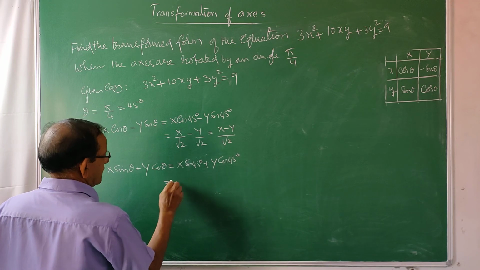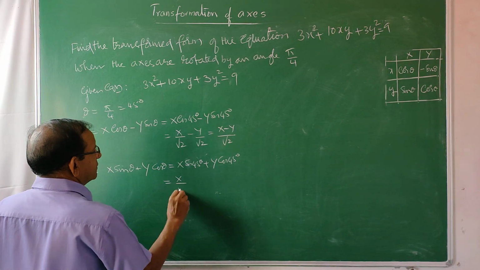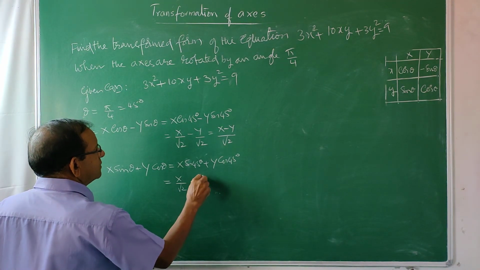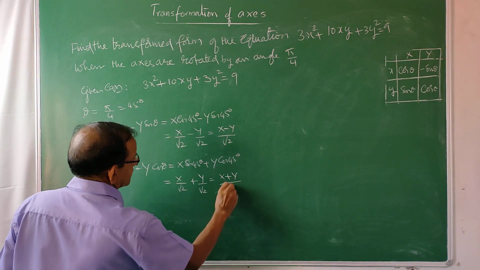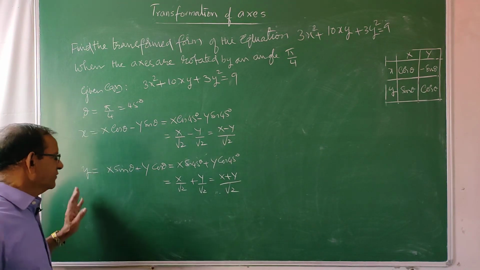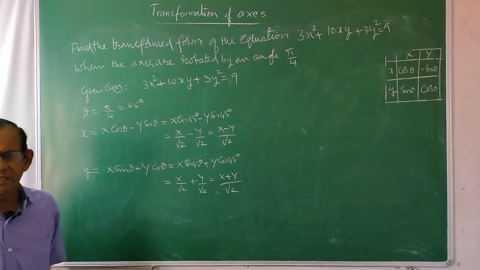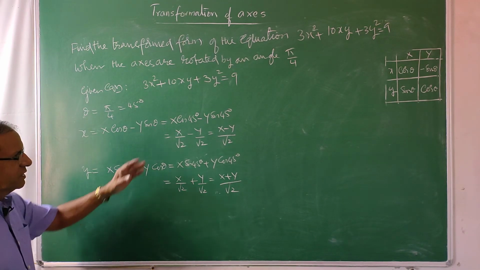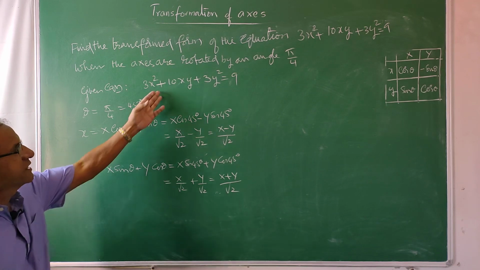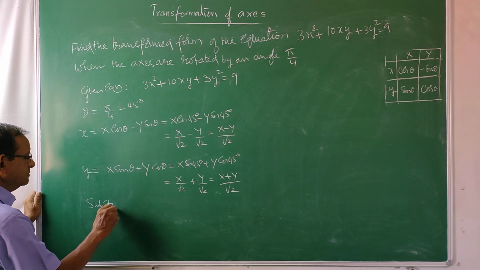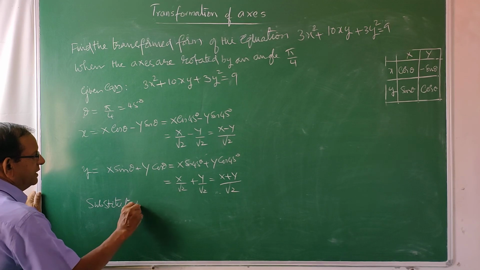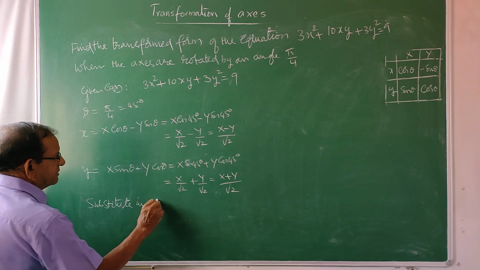Sin 45 is 1 by root 2, cos 45 is also 1 by root 2. So small y is equal to (X + Y) by root 2. Now for small x we have the value (X − Y) by root 2, and for small y (X + Y) by root 2. Substitute these values in the given equation.